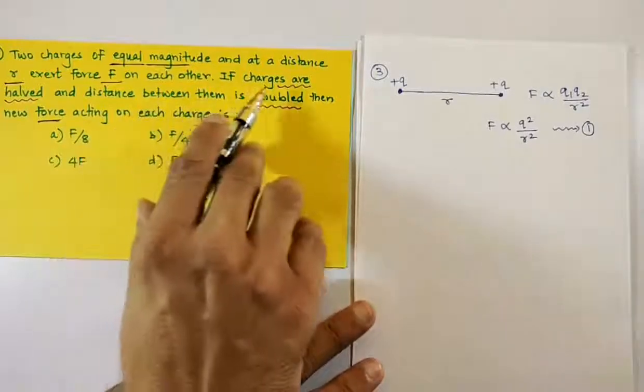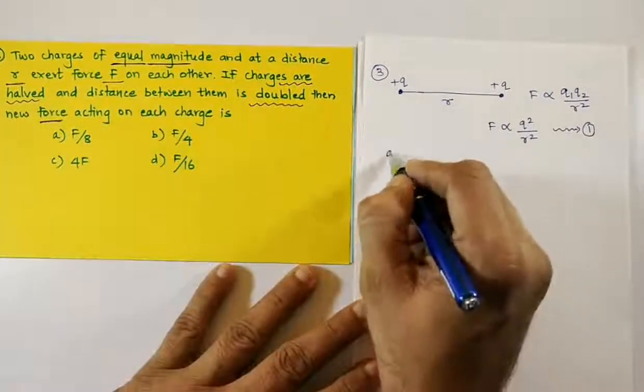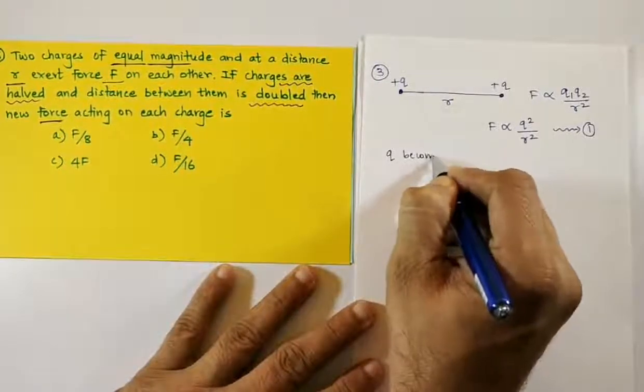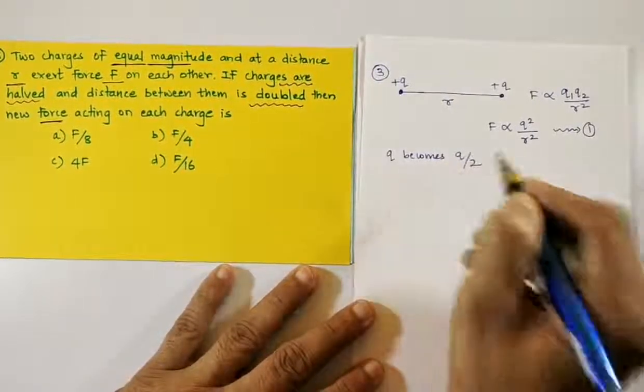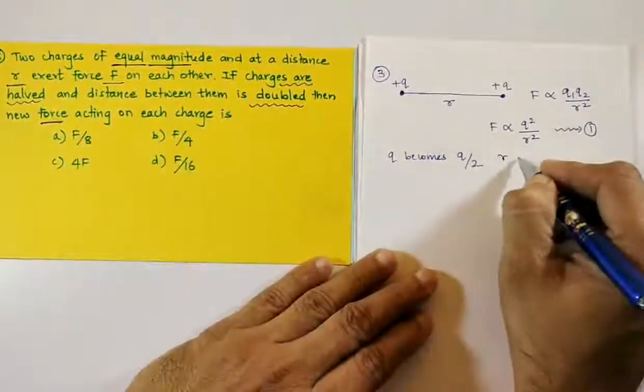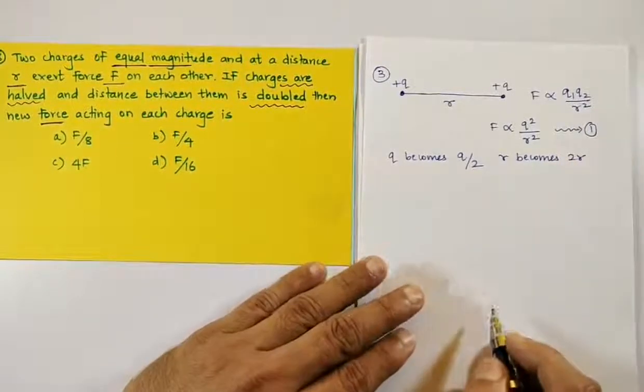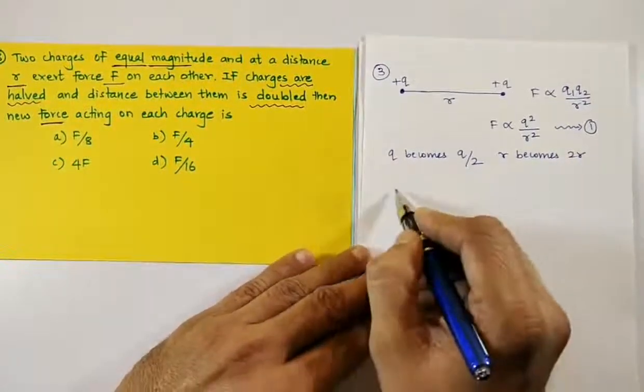Now here students, if you see, charges are halved, he says, means Q becomes Q by 2. Distance between them is doubled, so r becomes 2r. Then the new force you are required to find.